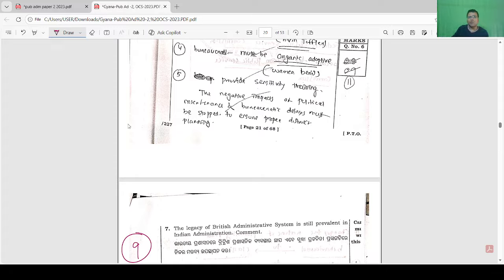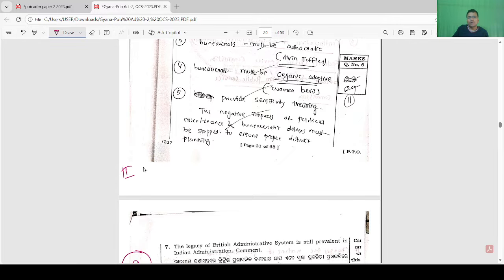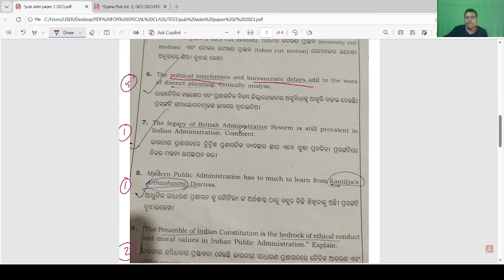Here he needed to include the Second ARC 6th report, on local government. So what recommendation did the Second ARC give to improve district planning?